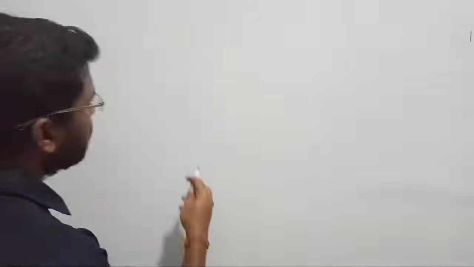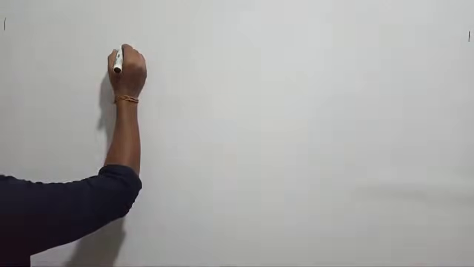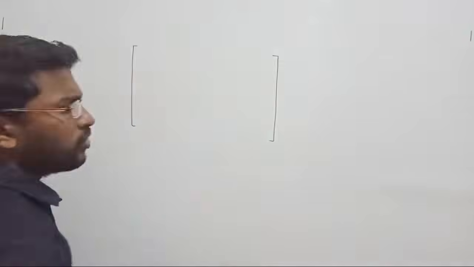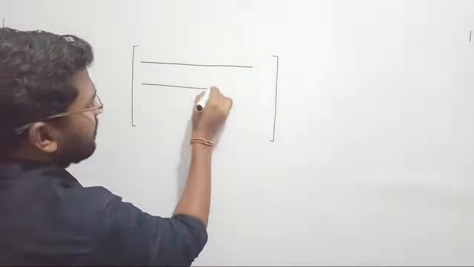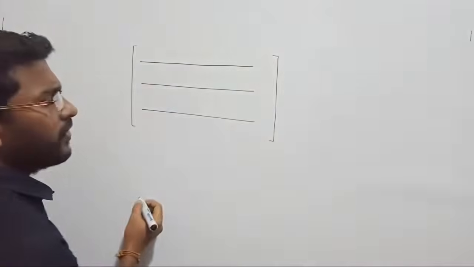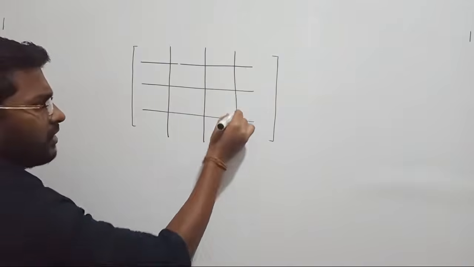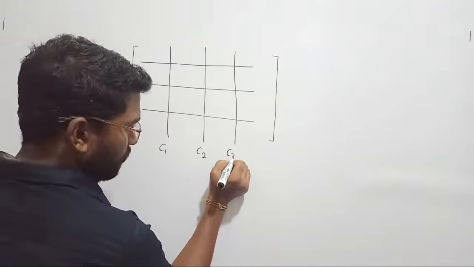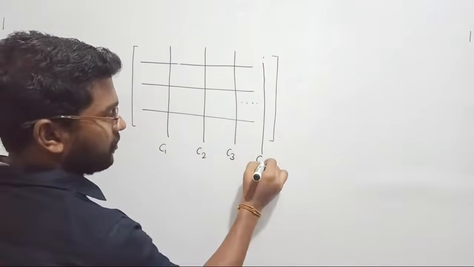The first thing is classification of matrices, right? Before that, how are we going to represent a matrix? Now what I told you, we are going to create some set of rows and columns. Rows in the sense horizontal lines, whereas vertical lines are called columns, right? Let me call them column C1, column C2, column C3, like that I can go up to n number of columns.